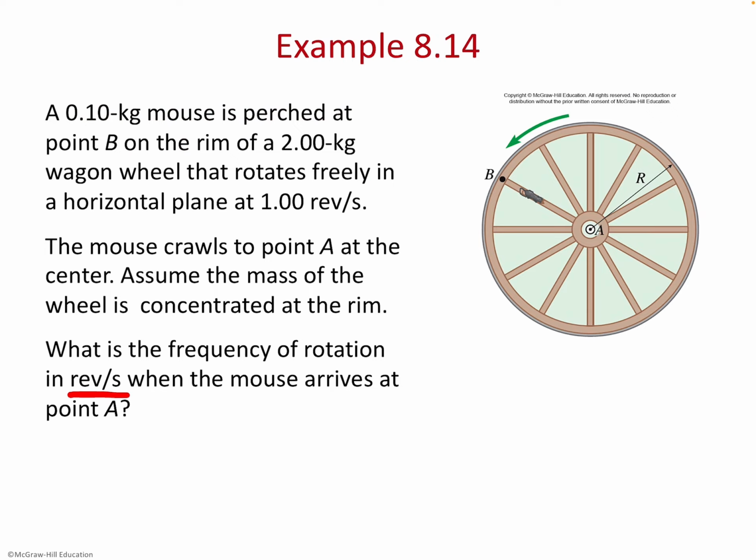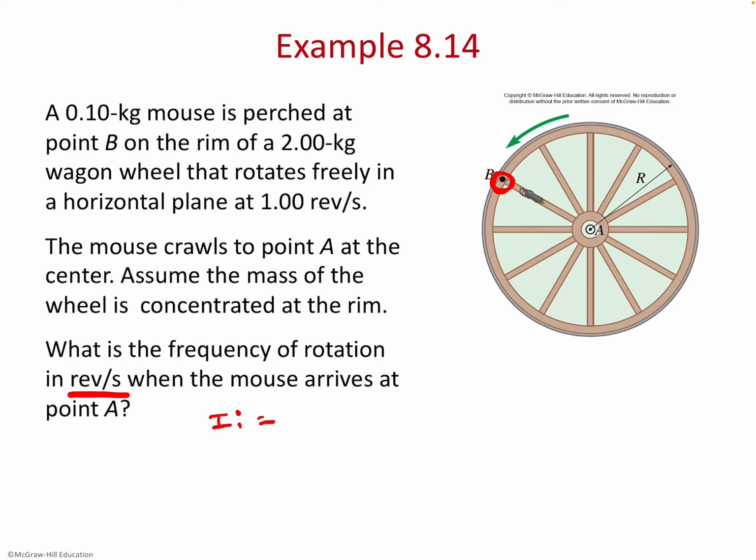Okay, so we've got some information here. First, we have that moment of inertia initially, you're talking about the wheel itself and the mouse at point B. So you're just talking about it on this one point.